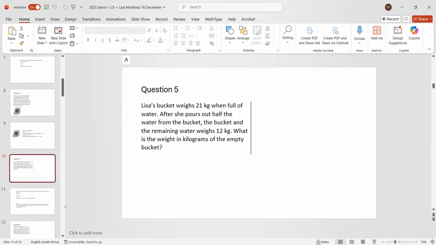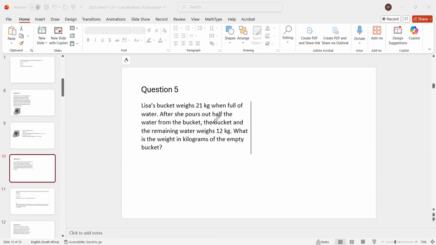Lisa's bucket weighs 21 kilograms when full of water. So you've got the bucket and the water. So when you weigh the bucket together with the water, it's 21 kilograms.